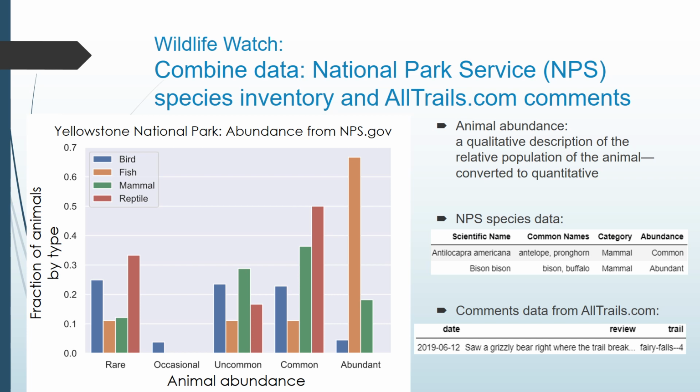Then I also get comments from alltrails.com, which are left by people who visit the trails. It says the date that the comment was left, which trail the comment is about, and the comment data often includes mentions of animal sightings. So I make use of that data specifically.